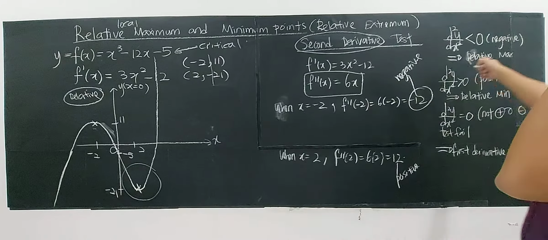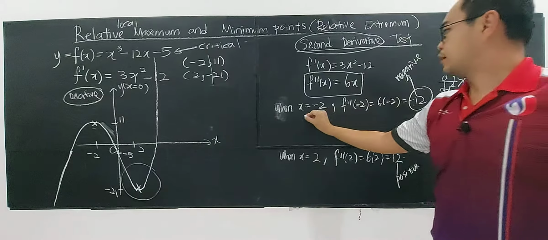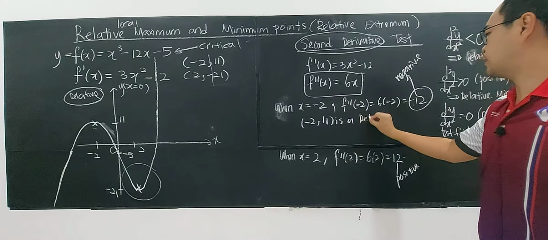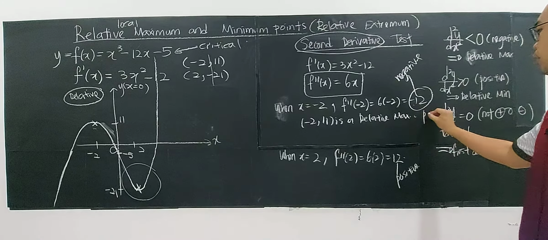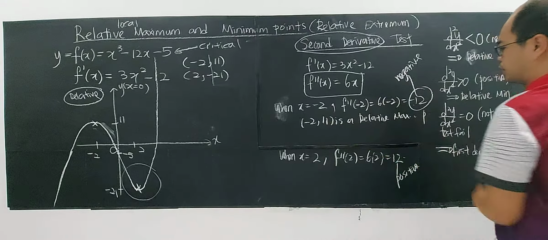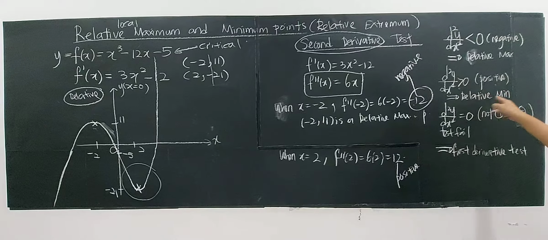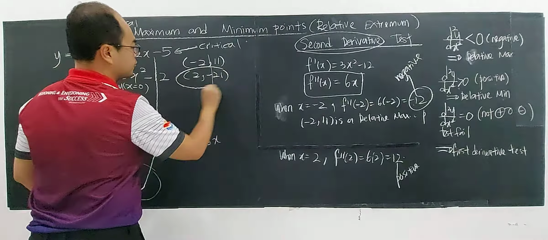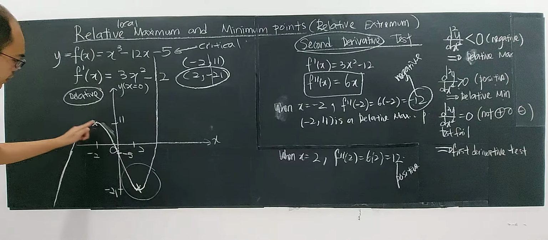According to the test, if negative, then x equals negative 2 is a relative maximum point. For this one, the sign is positive, so it's a relative minimum point. Here, can you see that? A relative minimum point and a relative maximum point.